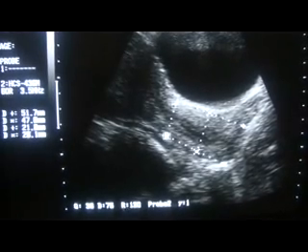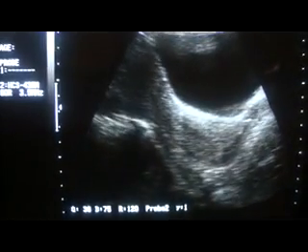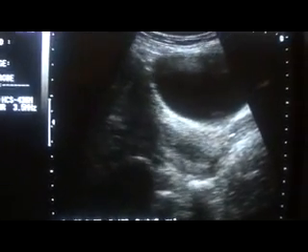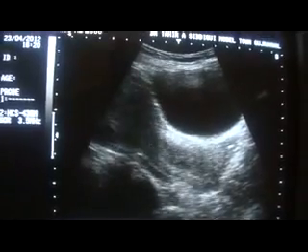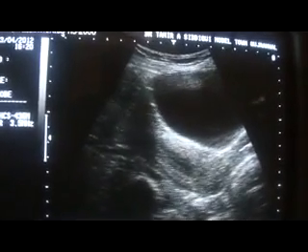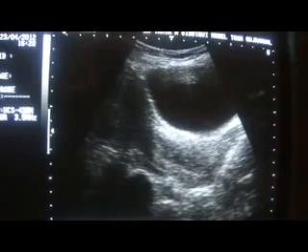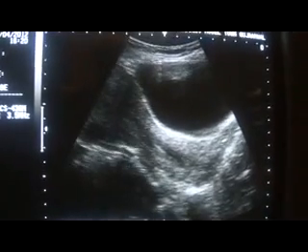Further here, you see another. This is the other one. Bullseye appearance, echogenic in the center, hypoechoic at the periphery, measuring 19 into 12 millimeters.